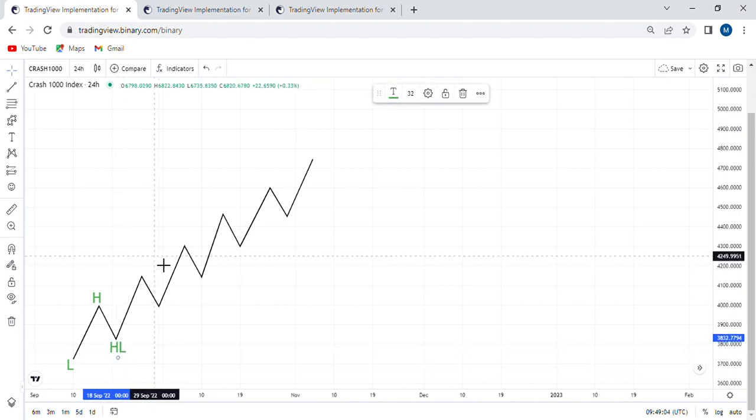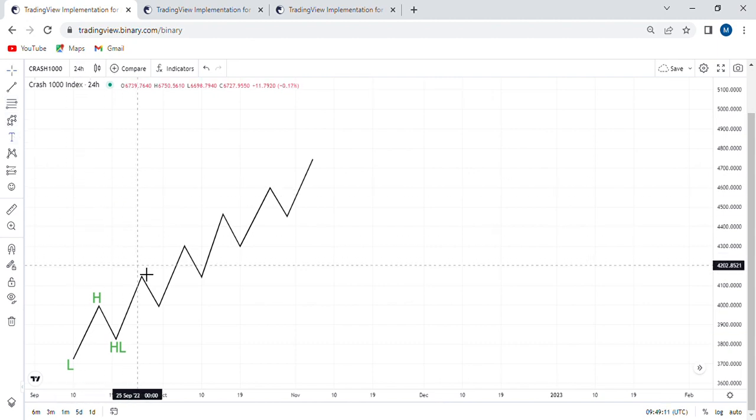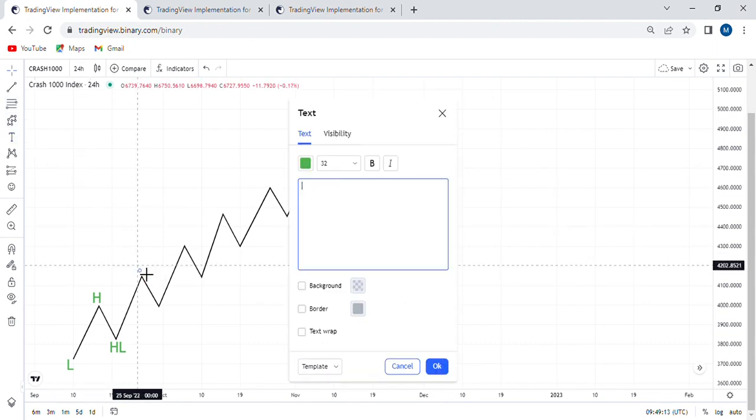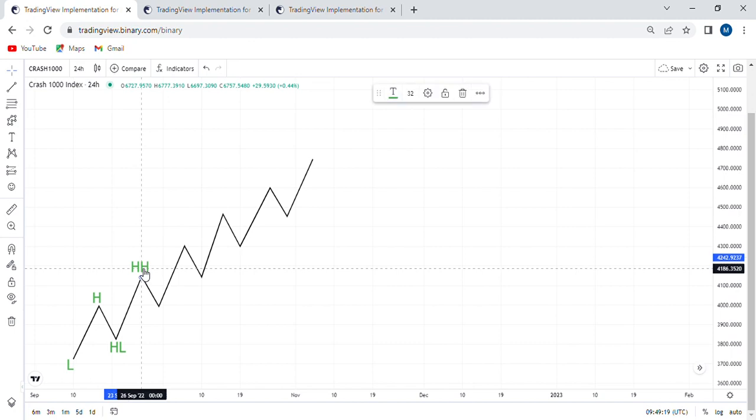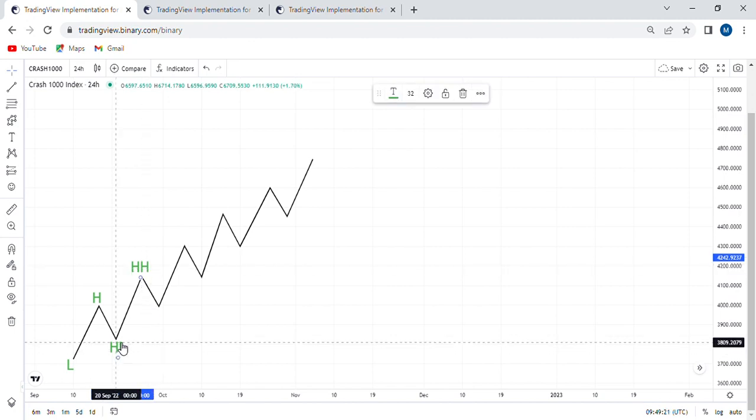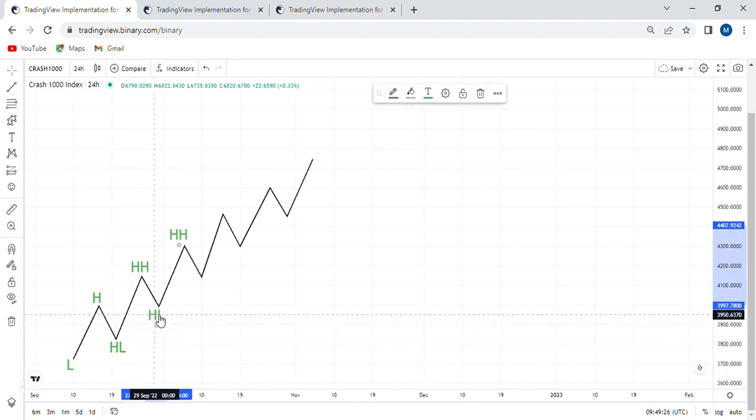So this is our higher low, and this is our higher high. Higher high. So this is it: higher low, higher high. Now I'm just going to do it this way for it to be simple.